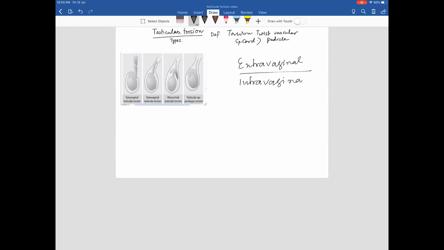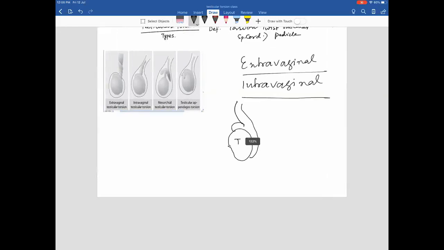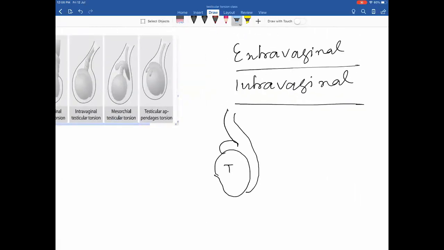Now, before I speak the words further, let me be very clear with this word. This is the testes, this is the epididymis, and this is the spermatic cord. Now, what becomes important for you to understand is that there is a thin layer, looks like a mesentery, that brings the blood supply from the spermatic cord with the testicular artery and the epididymis to the testes.